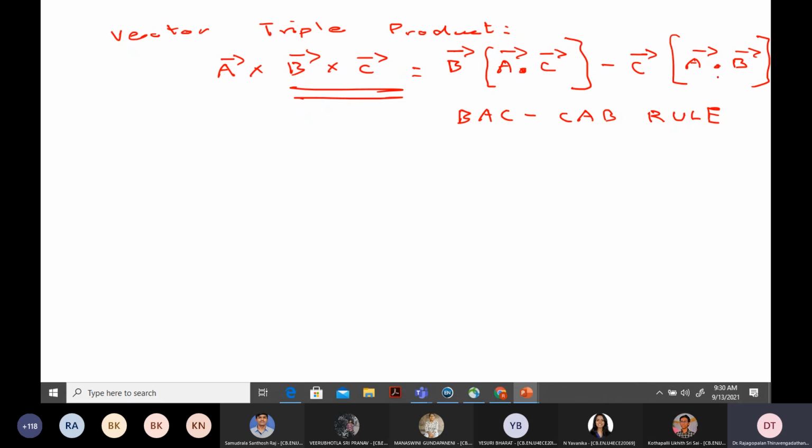And similarly, I will get a scalar here, A dot B. I multiply with vector C, I will get a vector. So two vectors I subtract, I will get the resultant quantity, a vector. Therefore, the resultant quantity being a vector, this is what is known as vector triple product. It involves three vectors, so triple product. The resultant quantity is a vector, therefore the name vector triple product.